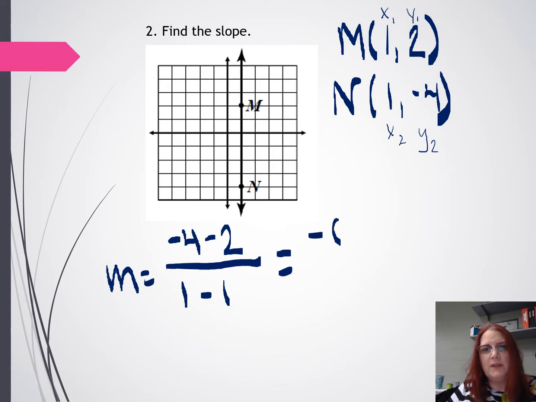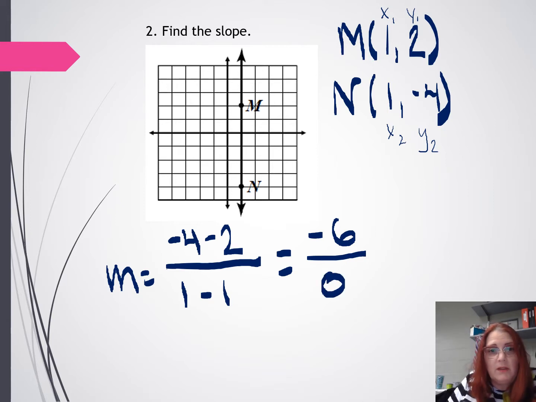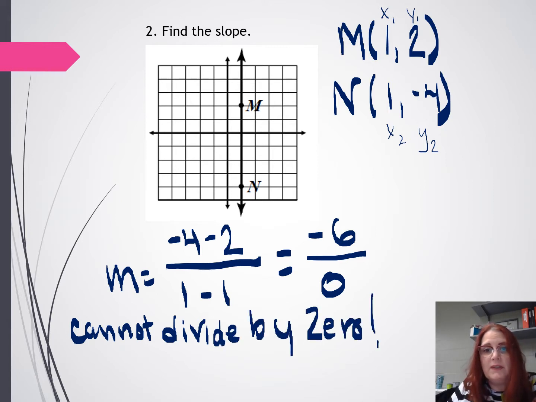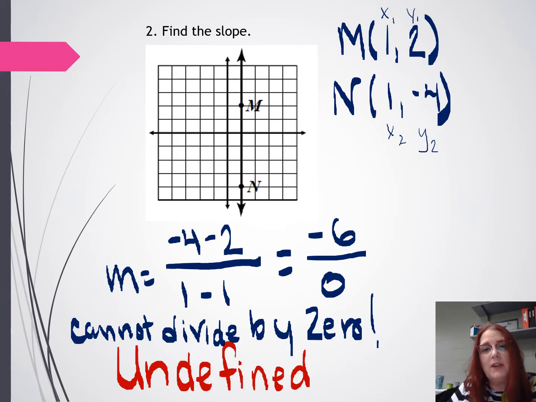My numerator is -6. My denominator is 0. Oh no, you can't divide by 0, right? It doesn't even give us 0. This is why it is undefined. So all vertical lines are going to have an undefined slope or no slope.